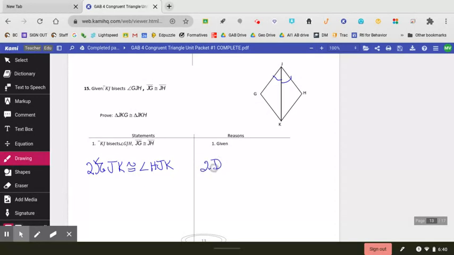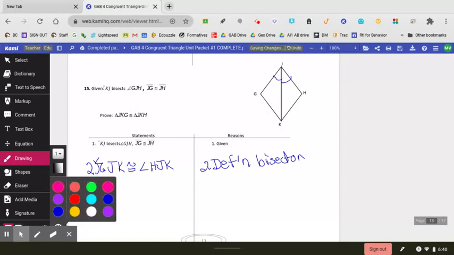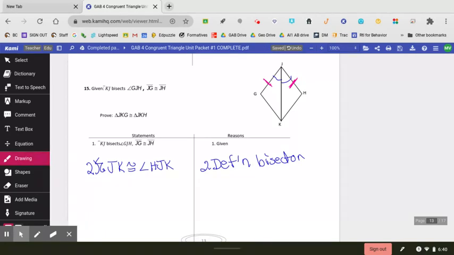And that's the definition of the angle bisector. Then we were also given that GJ is congruent to JH. And then if I look at my drawing, I know that JK is congruent to JK because of reflexive.